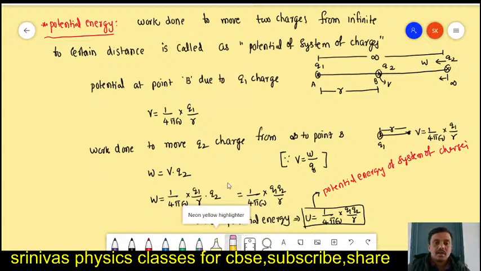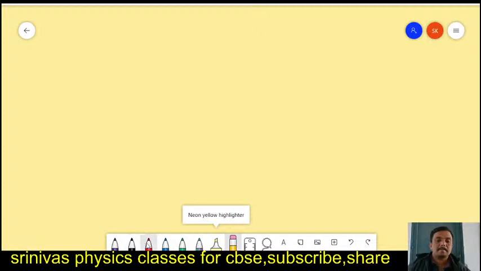Let us go to the next continuation. If you want the potential energy of a system of charges, for example when there are many charges, how do we find it?